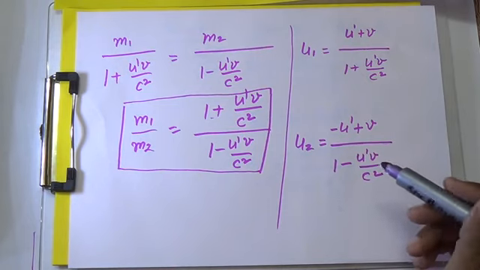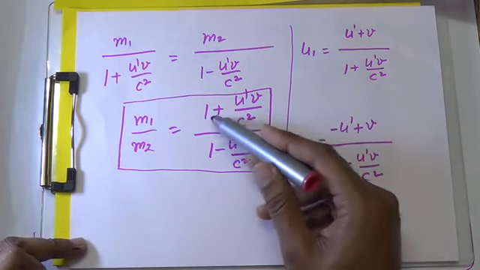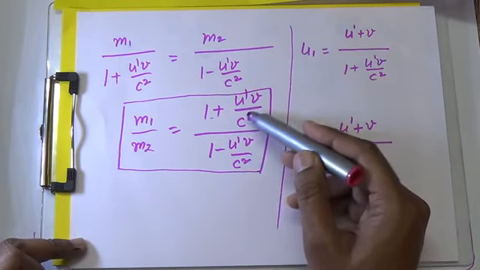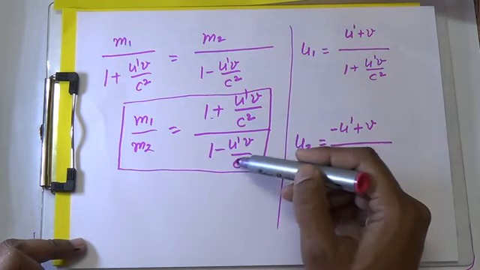So right now our purpose is to find out the value for this 1 plus u prime v upon c square, and secondly 1 minus u prime v upon c square.